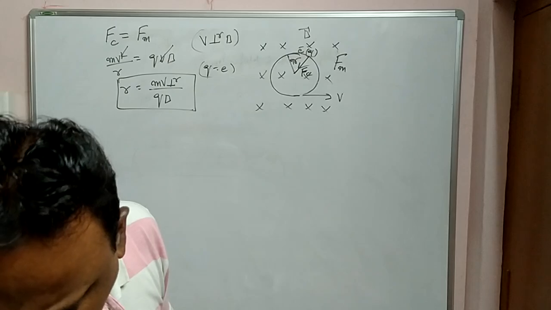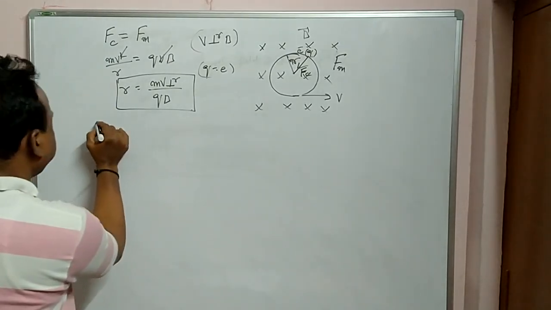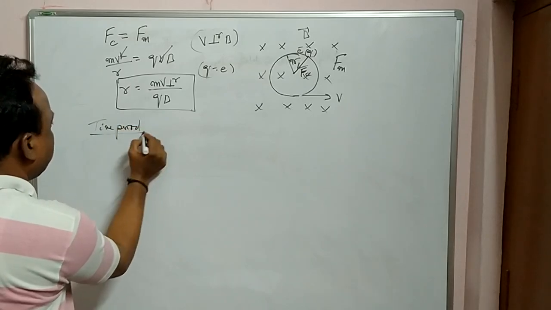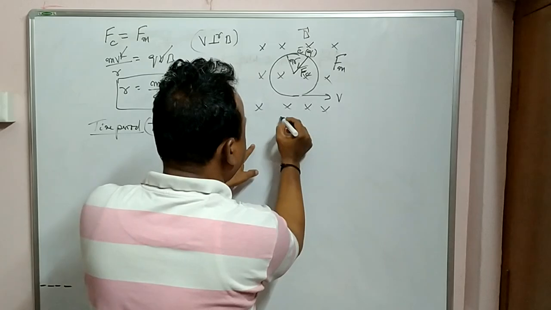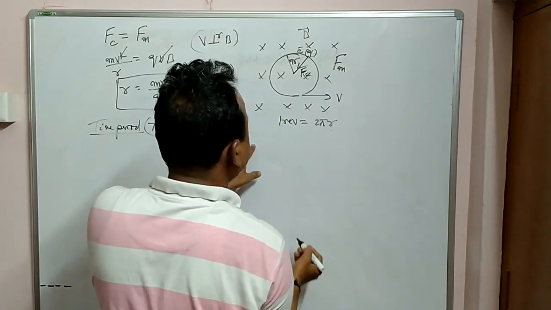In the same fashion, if you go still further, you can also calculate the time period, capital T. Because when it is rotating, what is the distance for one revolution? For one revolution, the distance covered is 2 pi r.